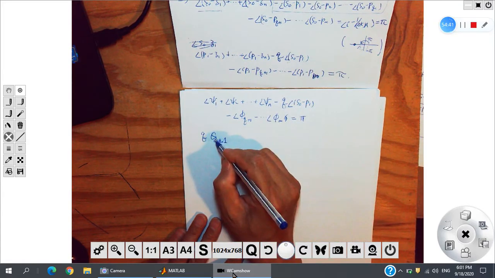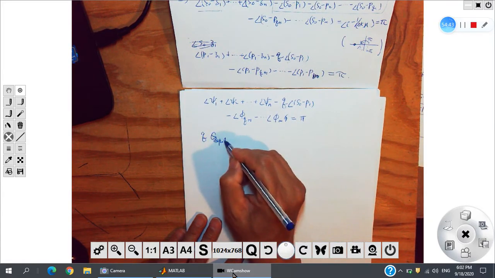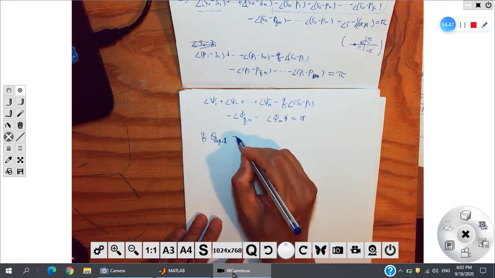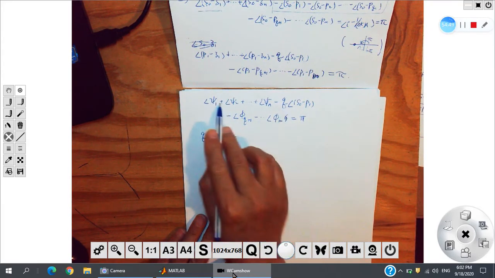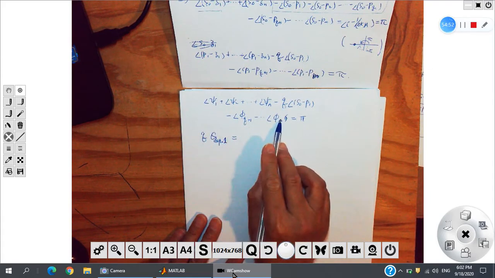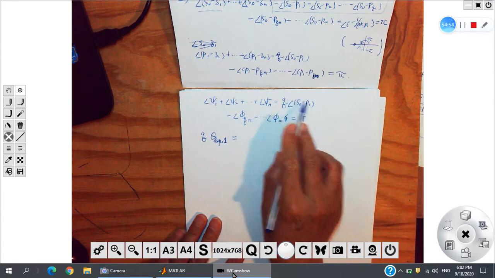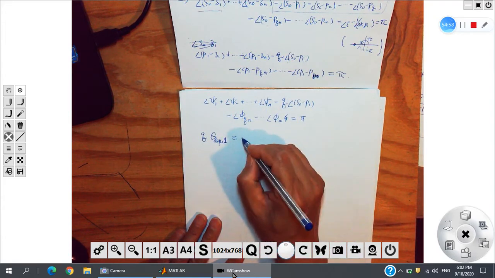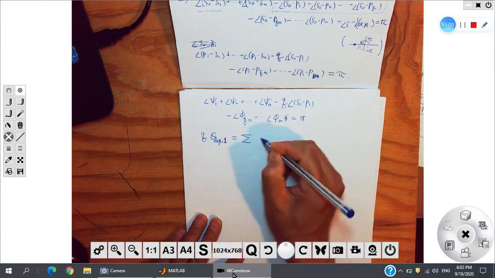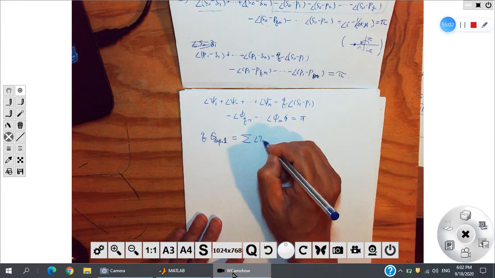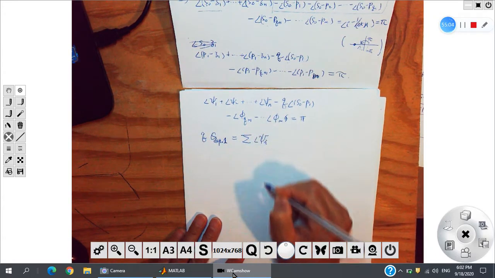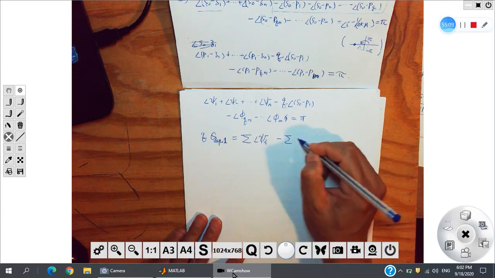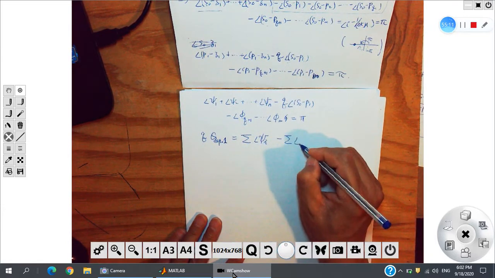The departure angle from the first pole times q equals this one minus this, to that side. So this one minus pi. So I write this as the summation of those angles phi I minus the summation of angles phi I.